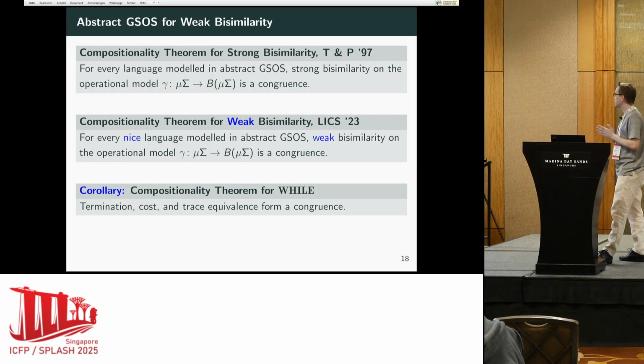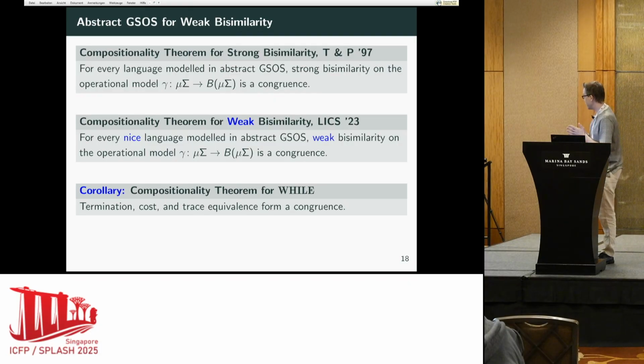And we get the compositionality theorem for while that I showed at the beginning of the talk as a simple corollary of this generic result about weak bisimilarity for stateful languages. Of course, what is interesting is not the fact that we get this corollary, but that it's generic. So we get it by just choosing categorical ingredients and get this result almost for free.